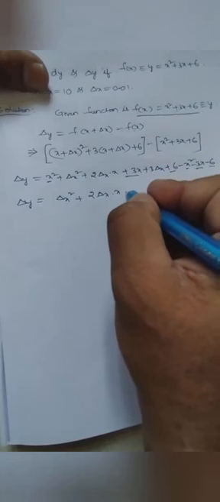So what remains: delta y is equal to delta x whole square plus 2 delta x into x plus 3 delta x. The other terms are all cancelled.